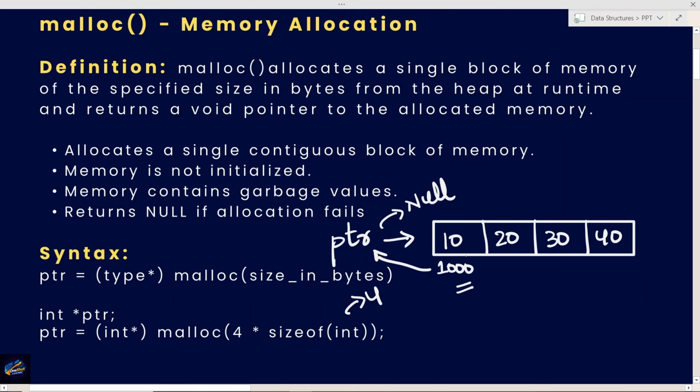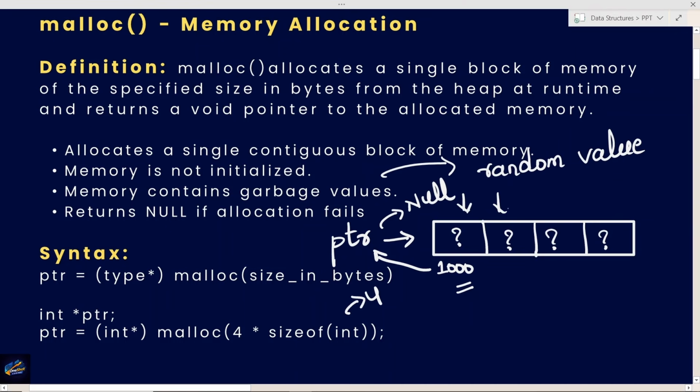Once we allocate the memory and do not assign any values, our memory will contain garbage values, some random data. I'm just giving some question marks here. What are garbage values? This is some random data that gets assigned to these memory locations.